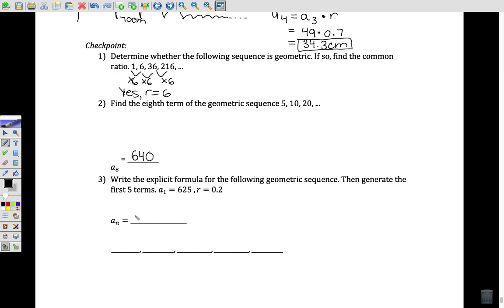For number 3, the explicit formula would be 625 times 0.2 to the n minus 1. When you write the first 5 terms, it's 625, 125, 25, 5, and 1.